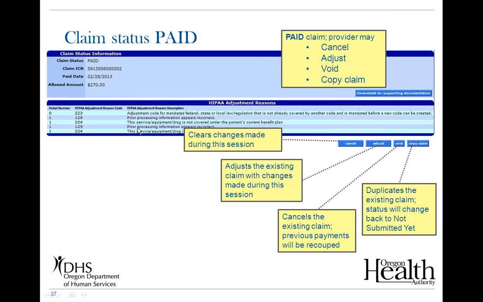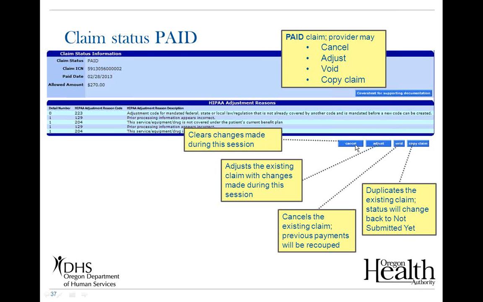And then down here we have HIPAA adjustment reasons. These tell you why the claim processed the way that it did. And hopefully if you have a denied claim or one that you feel is inappropriately paid, this explains why. Now your choice is on a paid claim because you can do a claim search and look for this claim and find it.